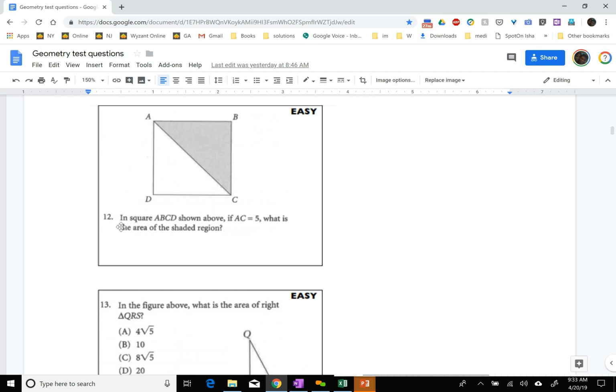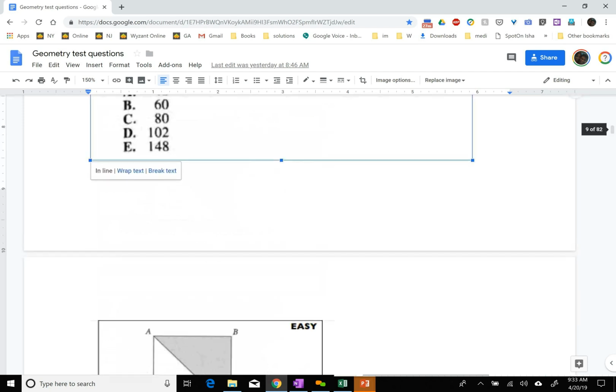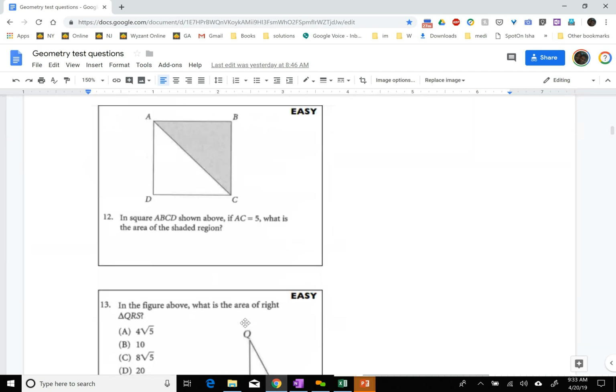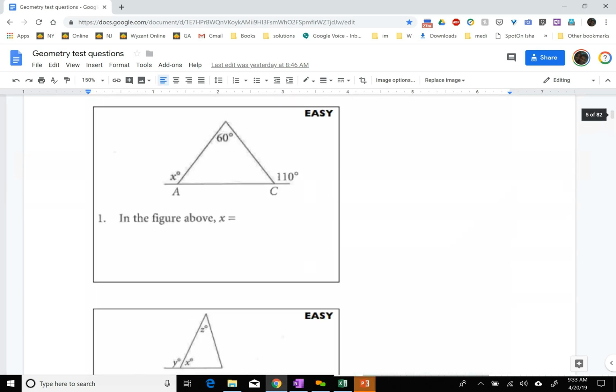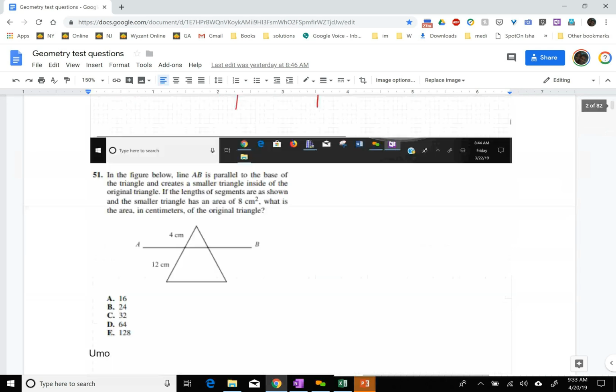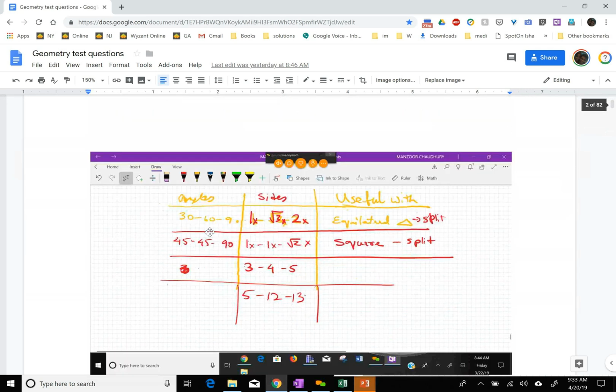No, 3, 4, 5 is not for 30, 60, 90 either. Remember, I was showing you earlier, don't mix this up. Look at these 4 triangles. 30, 60, 90 is 1x, root 3x, 2x.